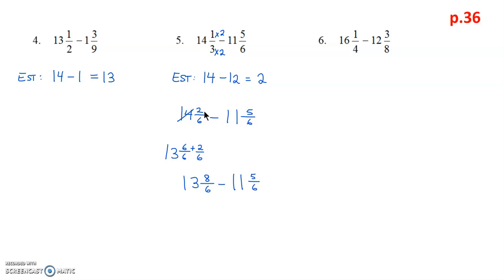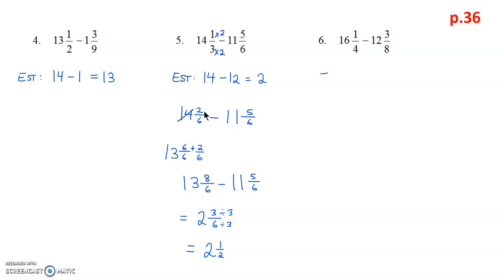And now we can subtract whole number minus whole number. 13 minus 11 is 2, and numerator minus numerator, 8 minus 5 is 3/6. Now this answer is not in lowest terms, so be careful. Always need to look to reduce. Both of these numbers are divisible by 3, so our final answer is 2.5.